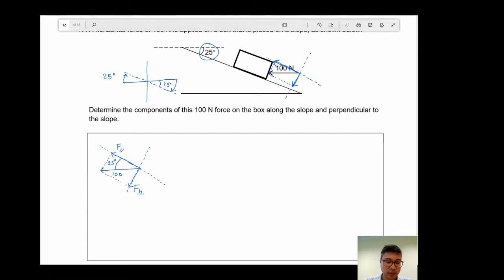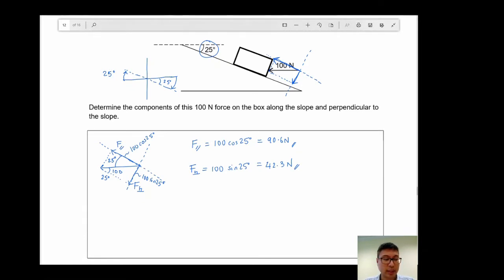Okay? And this part is also 25 degrees. So because of that, this is actually 100 cosine 25. And over here, this will be 100 sine 25. So since we've drawn a diagram, we can write that the directions are specified in the diagram. And that's it for question 17.